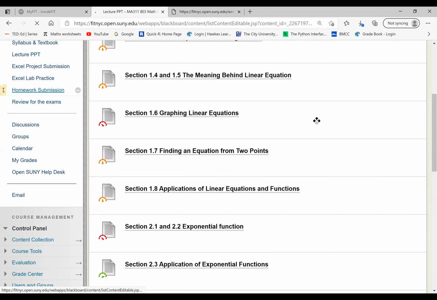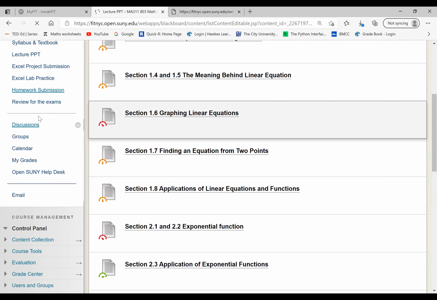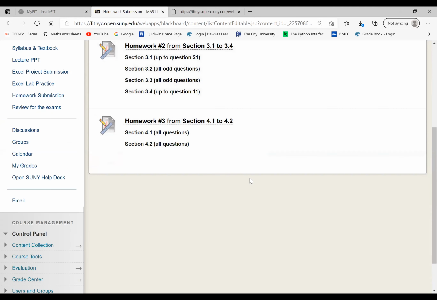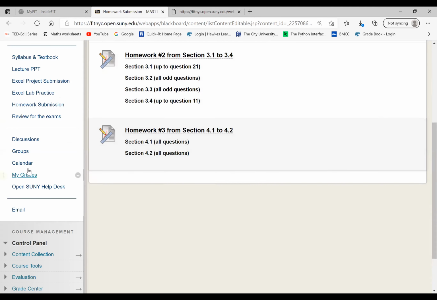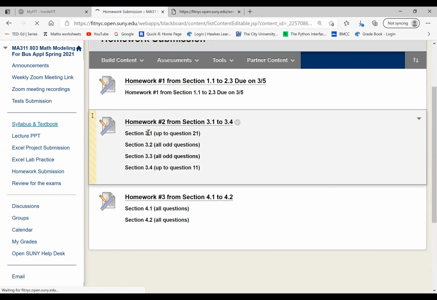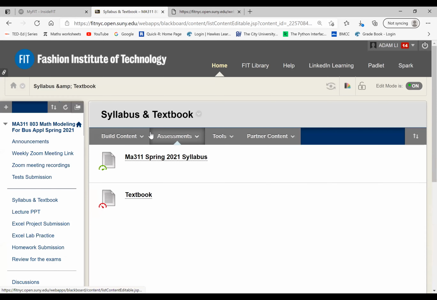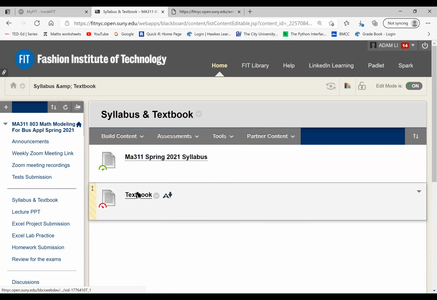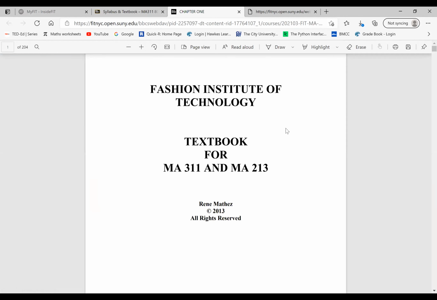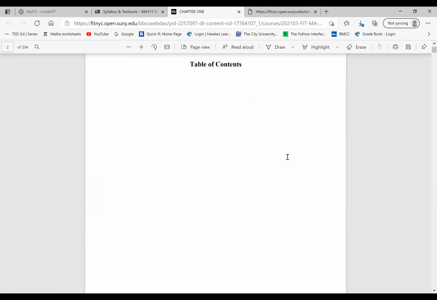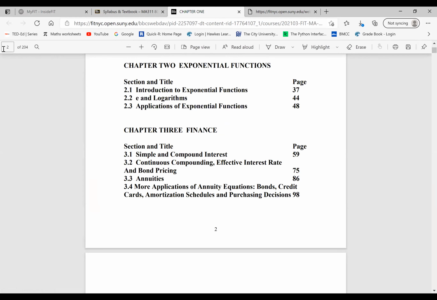So the homework assignment is 4.1, 4.2, all questions, right? All of them, not just the odd ones. If you open the textbook, 4.3 and 4.4 do not have exercises in the back of each section, so that's why I'll omit them. So you just have to complete 4.1 and 4.2.